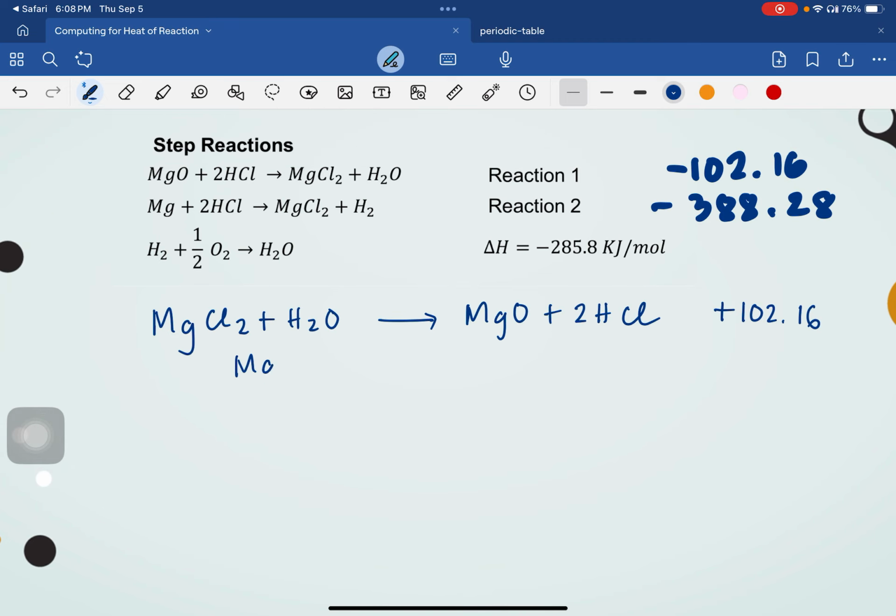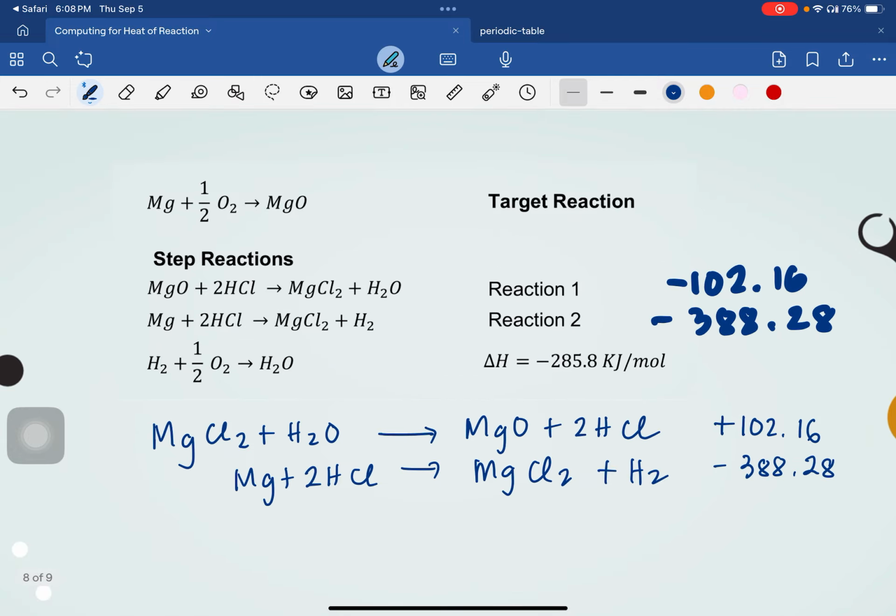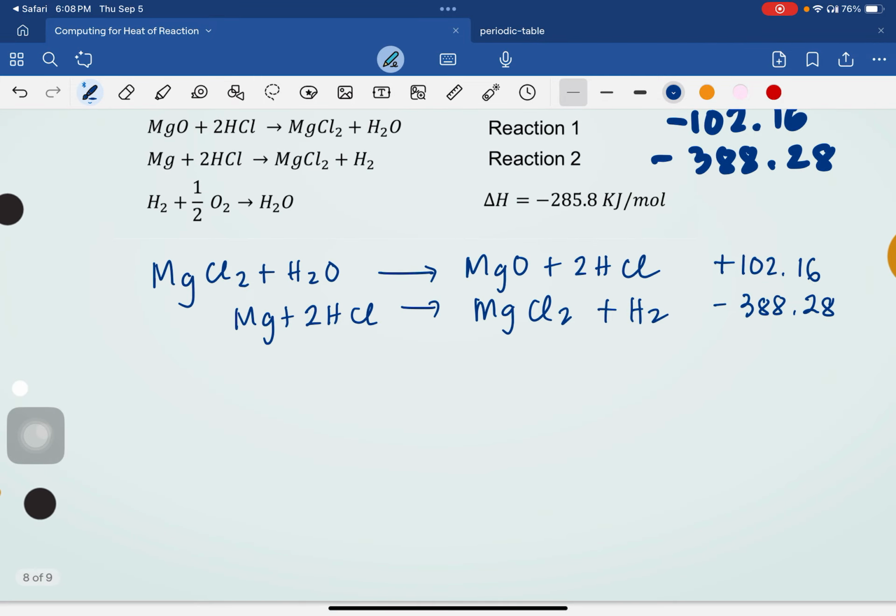So that's Mg plus 2HCl yields MgCl2 plus H2. And that stays at negative 388.28. Next, for the last one, do we make it stay? Yes, we just retain its position. H2 plus 1 half O2 yields water, and this is negative 285.8. If you know this, you can already solve it.